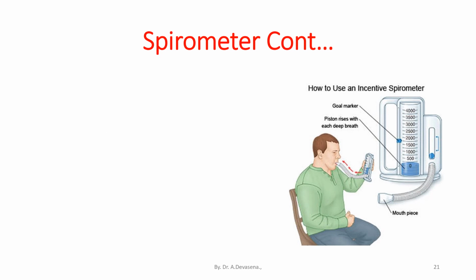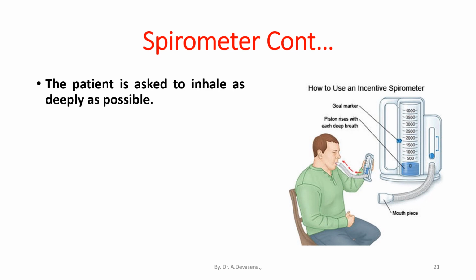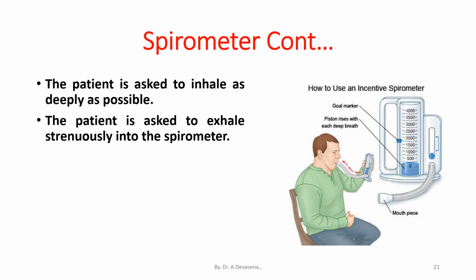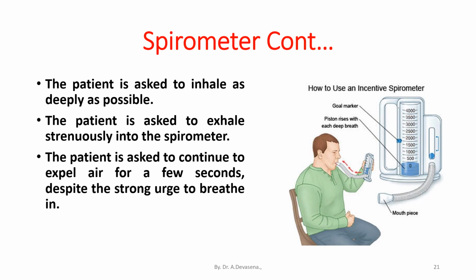The patient is asked to inhale as deeply as possible. The patient is asked to exhale strenuously into the spirometer. The patient is asked to continue to expel air for a few seconds despite the strong urge to breathe. The test is repeated twice or three times.